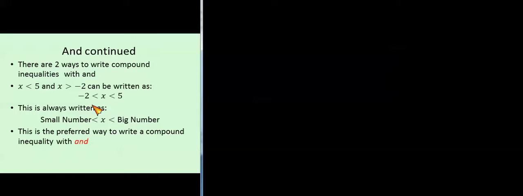The way we do this, always, 100% of the time, is the small number less than or equal to x less than the big number. This is the preferred way to write compound inequalities with and. However, you can just use the word and if you prefer.